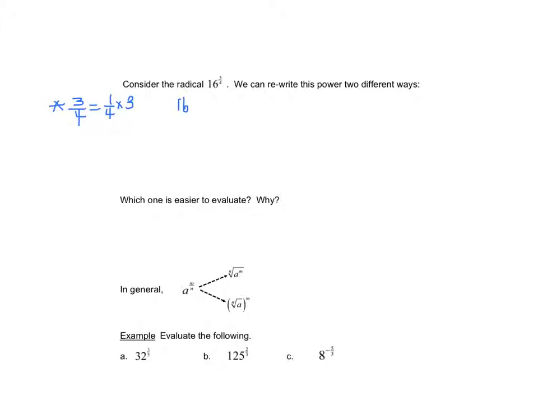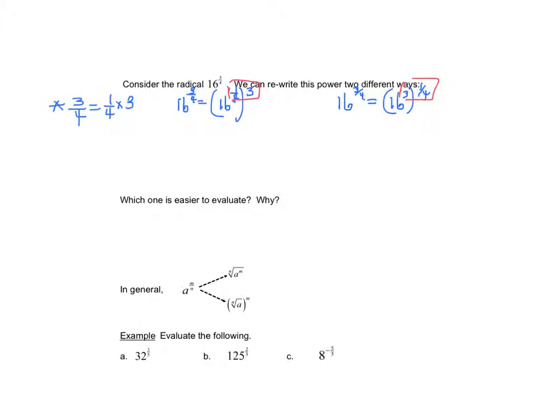One way would be to say 16 to the exponent 3/4 is the same as 16 to the 1/4 cubed. Another way to split that apart would be to say 16 to the exponent 3/4 is the same as 16 cubed to the 1/4. Both of those equal 16 to the exponent 3/4 because using our power of a power rule, when we multiply these exponents together in both cases, we get 3/4. So I could simplify this question either way.